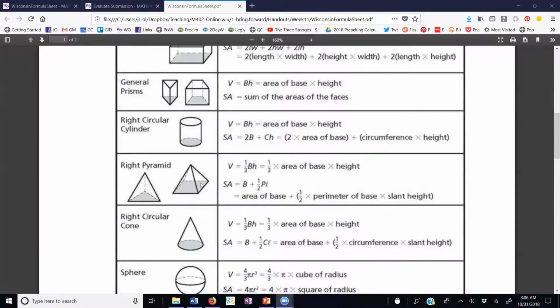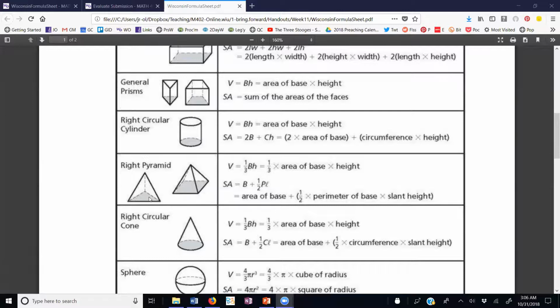And here we have the pyramid, 1/3 base times height, as I demonstrated with the manipulatives, and the cone is 1/3 base times height. One of the things I like about this is they're very consistent here: 1/3 base times height, 1/3 base times height, and so on. The base might be a square, it might be a pentagon, whatever.